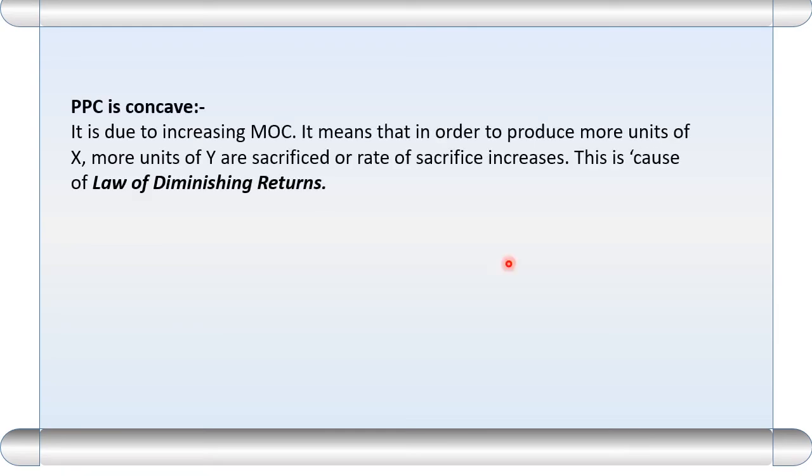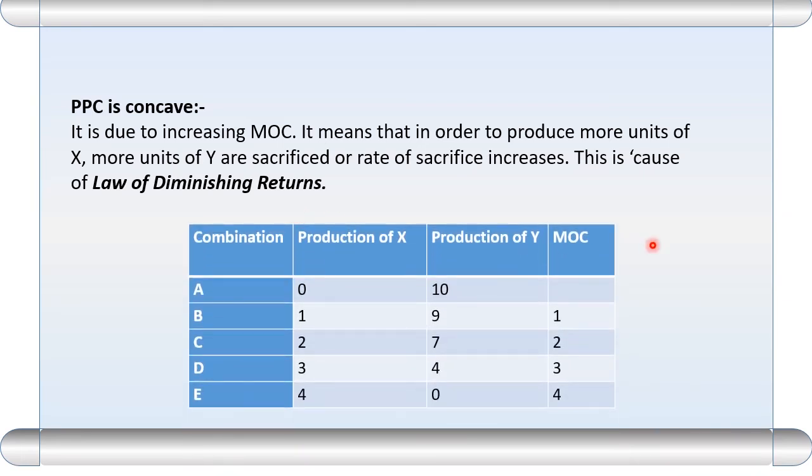Let us see when the shape of the PPC is concave. It is due to the increasing MOC, or because of the law of diminishing returns. What we can see over here is that the MOC is increasing. What does it mean? It means that in order to increase the production of X, more and more Y units are being sacrificed.